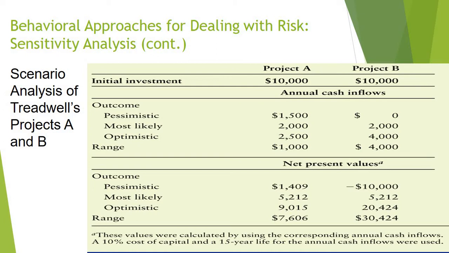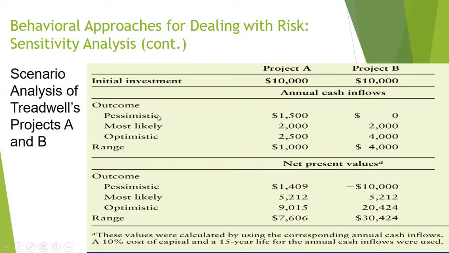Now here we have two projects, project A and project B. Initial investment for both projects is $10,000. However, their annual cash inflows based on the pessimistic, most likely, and optimistic conditions are different.